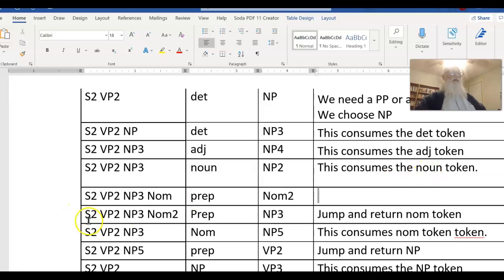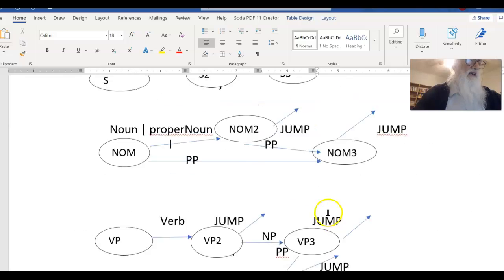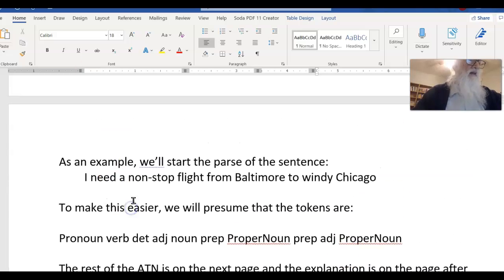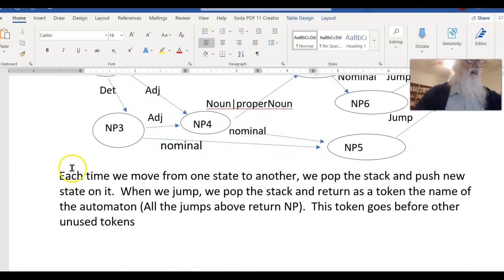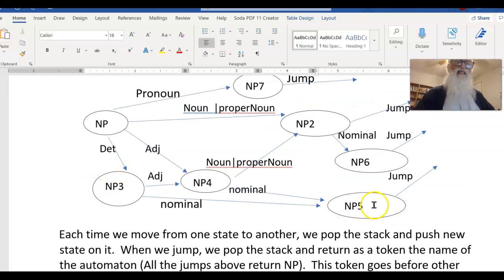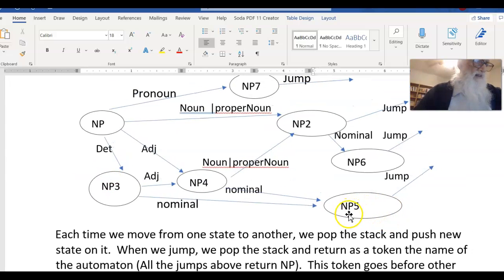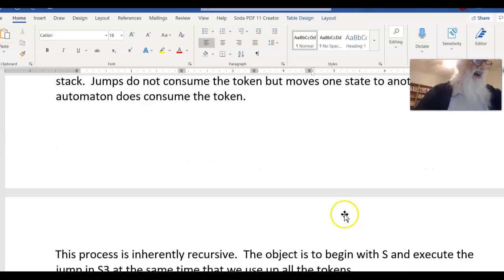We took the noun. We still have the preposition. In state nominal 2, a preposition is enough to jump back. So we jump back, and now we're in NP3, and the token we sent back was nom. And NP3 with a nom takes me to NP5. So now I'm at NP5.